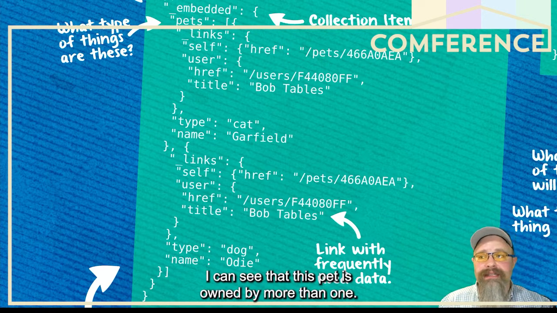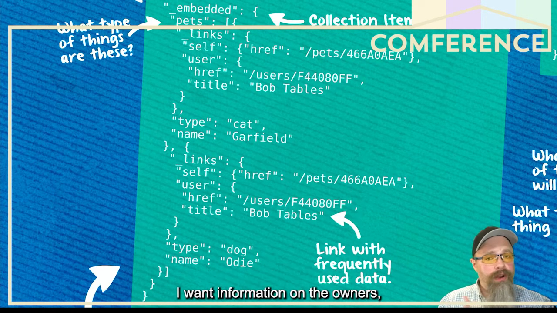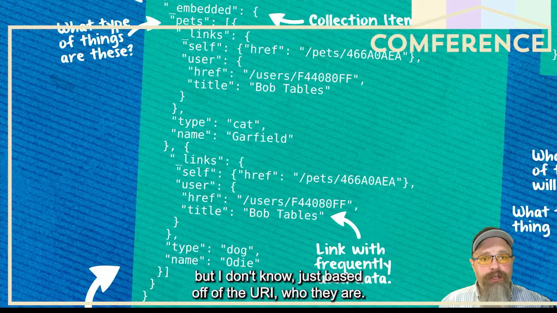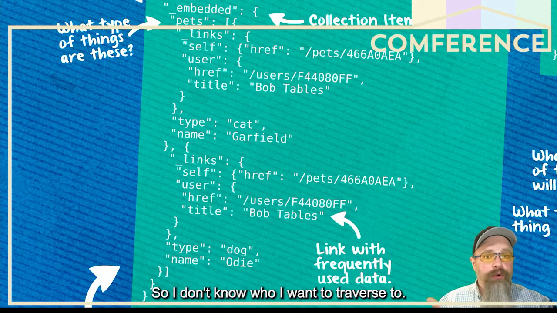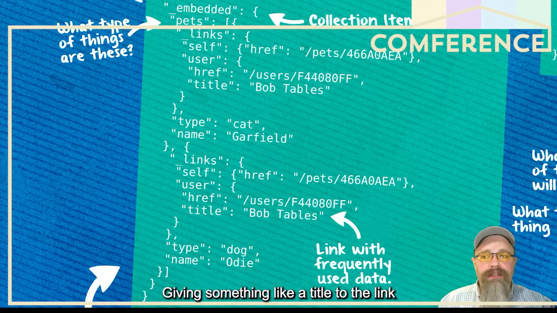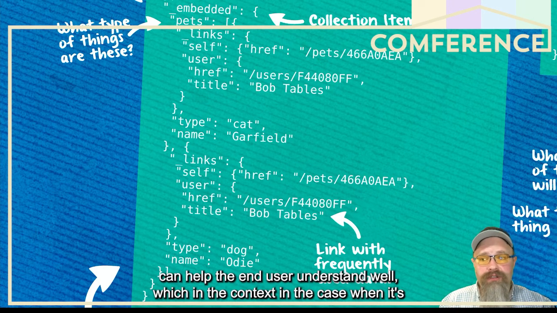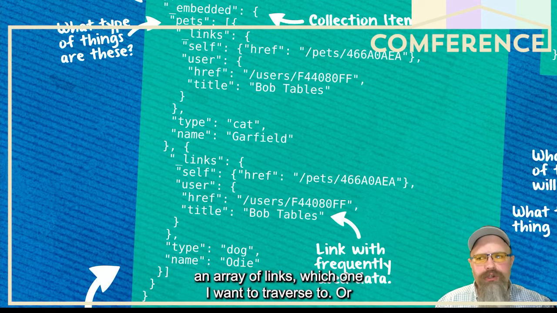I can see that this pet is owned by more than one. I want information on the owners, but I don't know, just based off of the URI, who they are, so I don't know who I want to traverse to. So giving something like a title to the link can help the end user understand, in the case when it's an array of links, which one I want to traverse to.